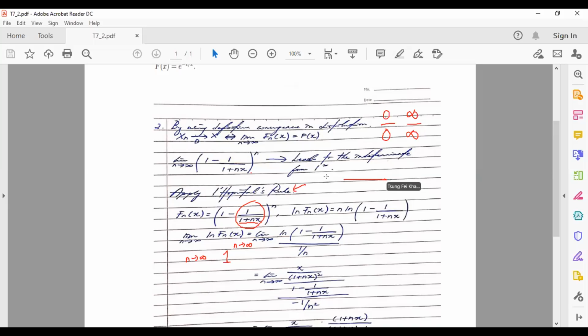If you write it like this, 1 plus nx minus 1. So basically you will still have. Let's argue like this. If you want to argue your L'Hopital's case, you can argue like this.